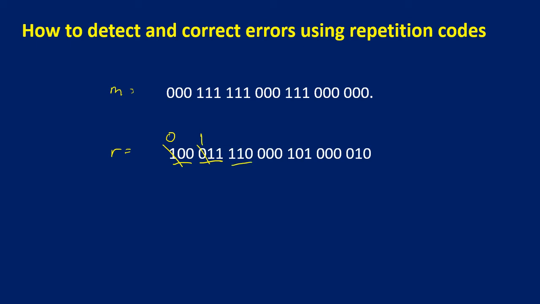And this one also had an error, so I know that that is 1. This one had an error. Majority wins. And lastly, this one, 0 wins. So now I know that this is the original message that was transmitted. Alright, so that's how you detect and correct errors using repetition codes. Majority wins.